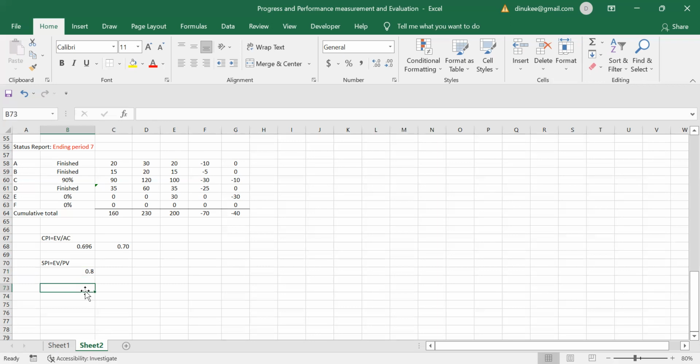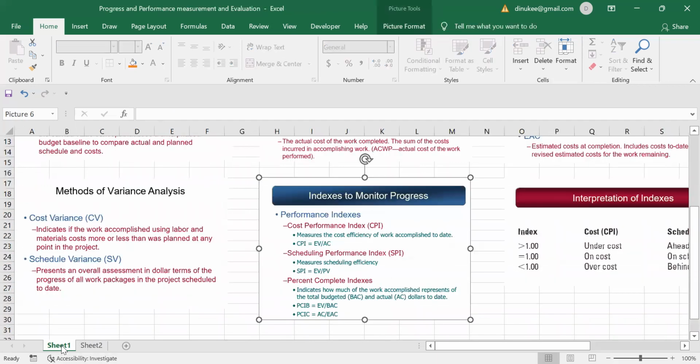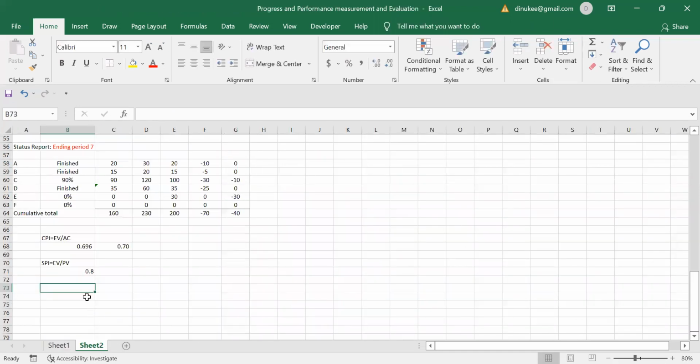So the next one I want to calculate is PCIB. PCIB means percent complete index, right? PCIB can be calculated by getting what?